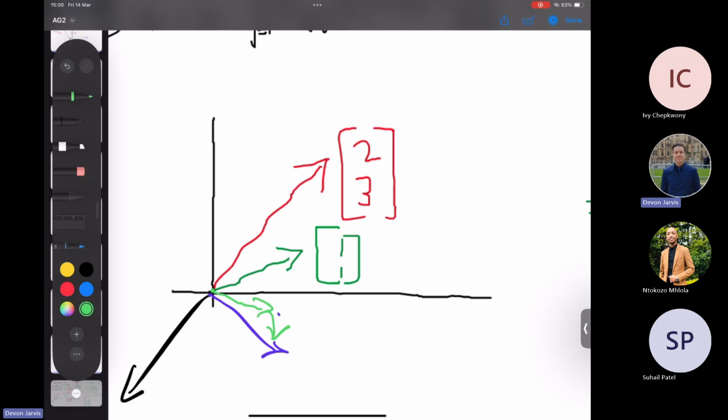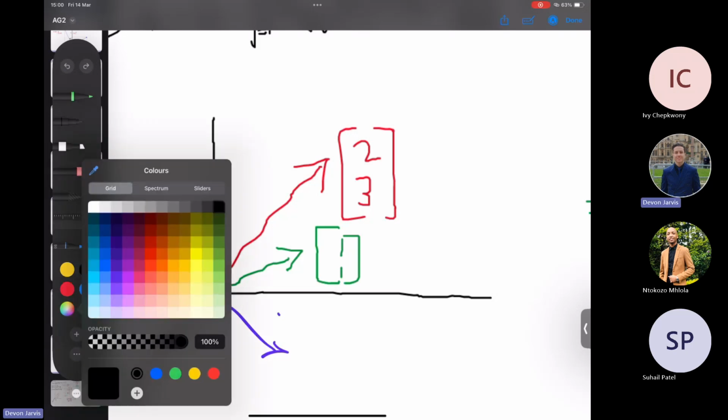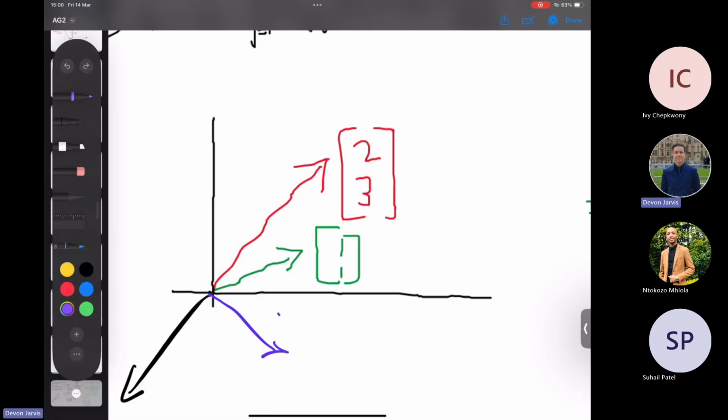What I'm going to then come through and do, though, is take the purple vector when I do the next step. Let's get to purple again. I'm going to take the purple vector and subtract from it the component that lies along red and the component that lies along green. And I'm going to end up sitting with something like that.